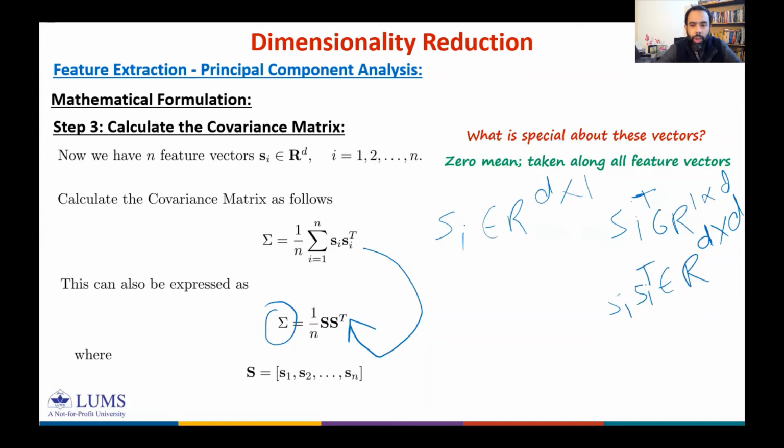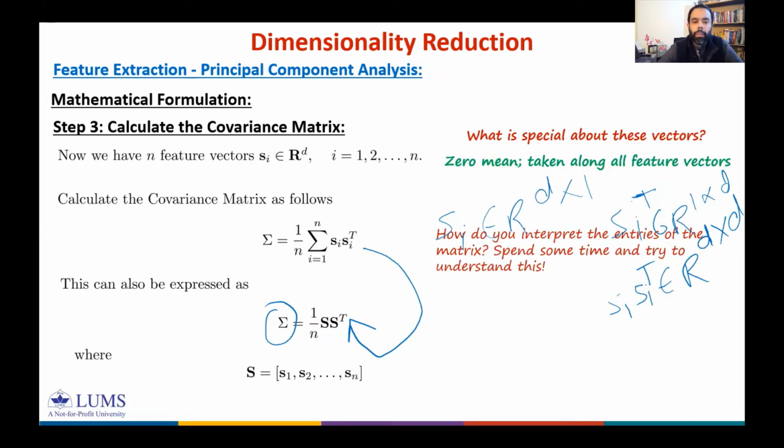What is special about this covariance matrix? Before we talk about that, how do you interpret the entries of the matrix? To make sense of this, I encourage you to use the definition of the covariance between two vectors.